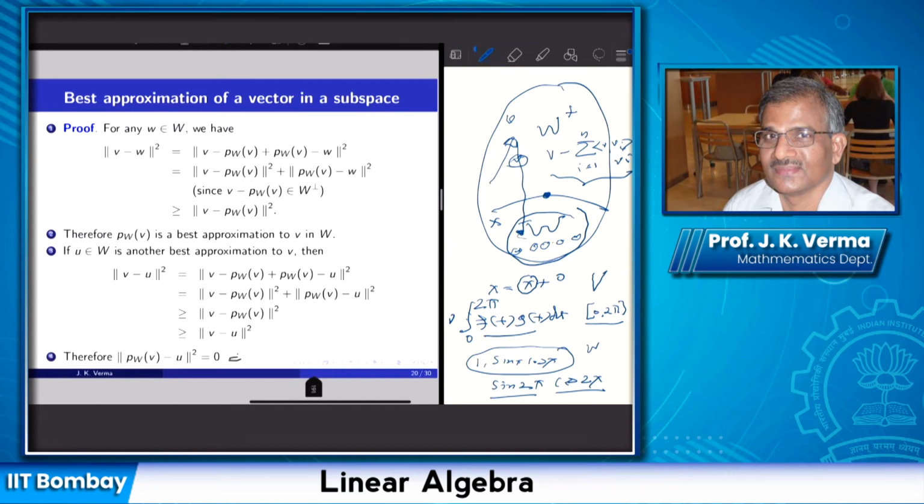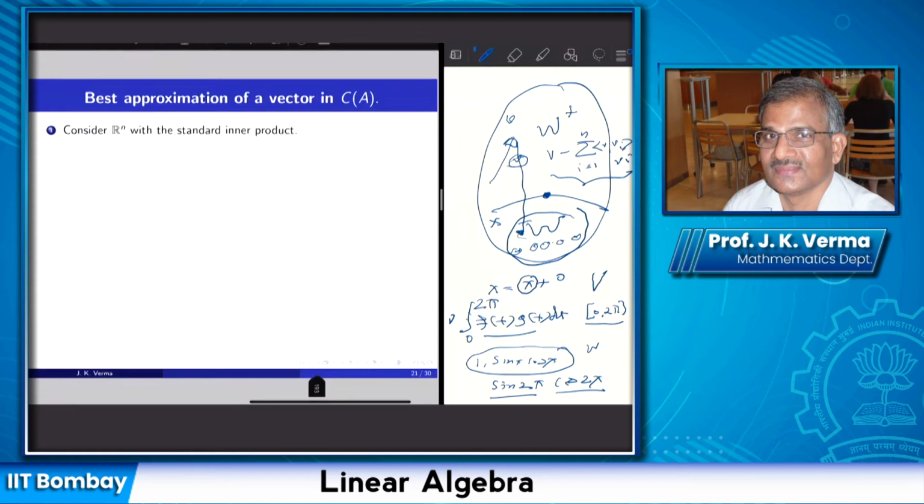And this implies by the positive definite property that u must be the projection of v in w. So there is a unique best approximation of a vector inside a given vector subspace of an inner product space, and that best approximation is the projection of that vector inside the subspace w.